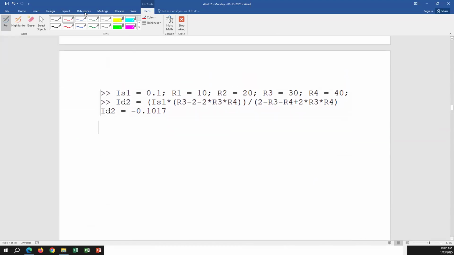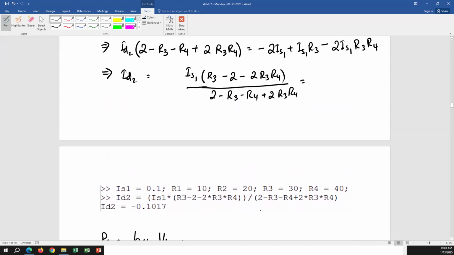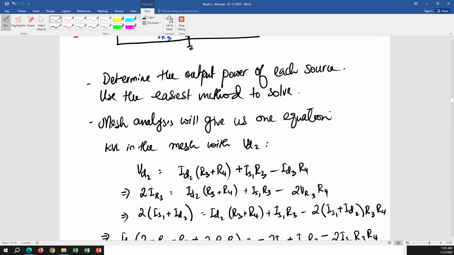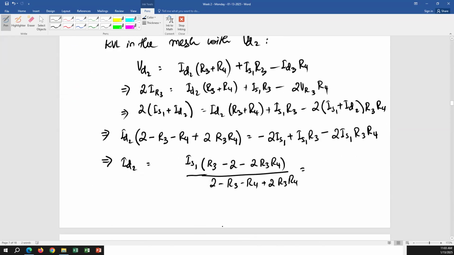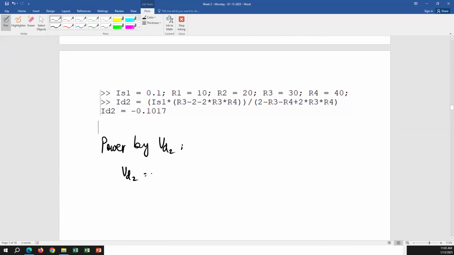So, power by VD2. Okay, so VD2 is 2 times IR3, and IR3 is IS1 plus ID2.